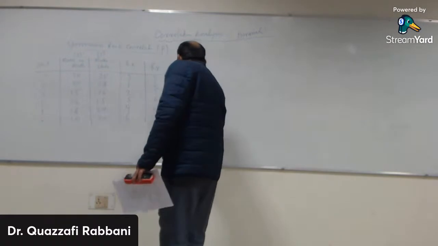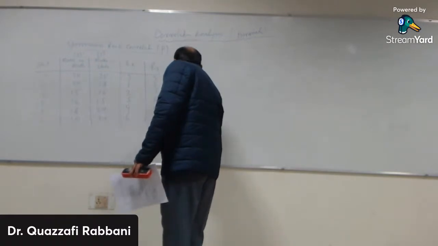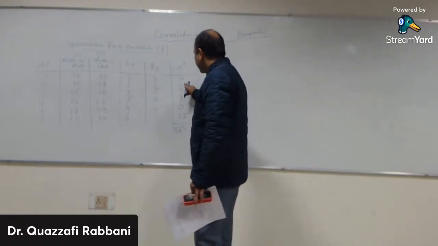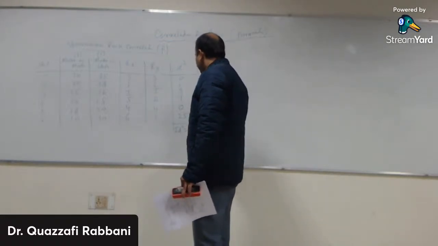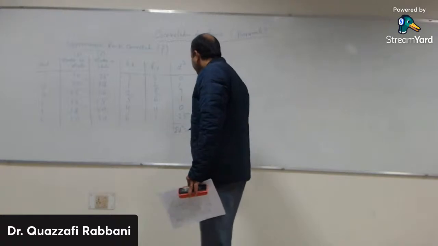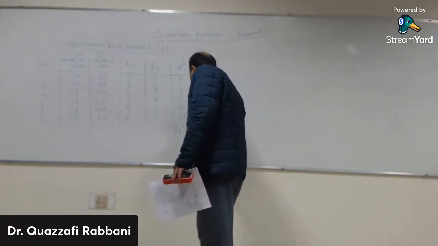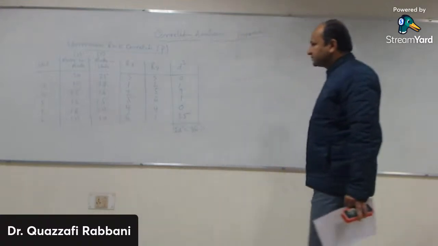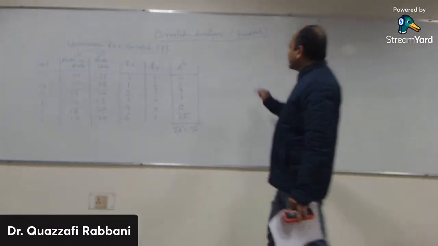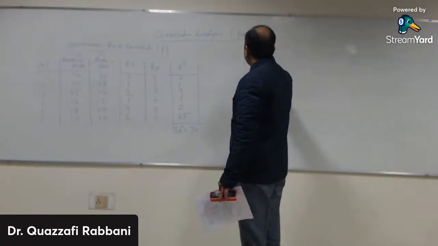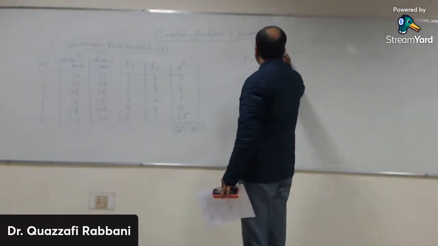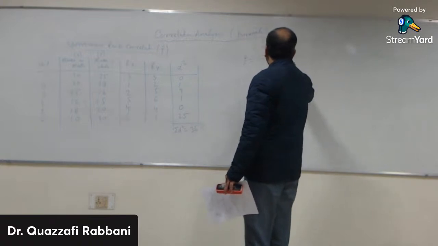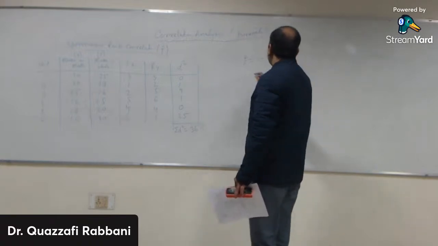Now, taking the summation of d square: 10, 11, 25, that is 36. Now find the rank correlation using this formula: 1 minus 6 summation d square divided by n into n square minus 1.